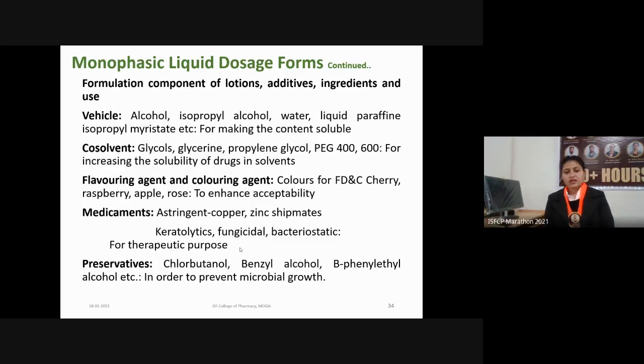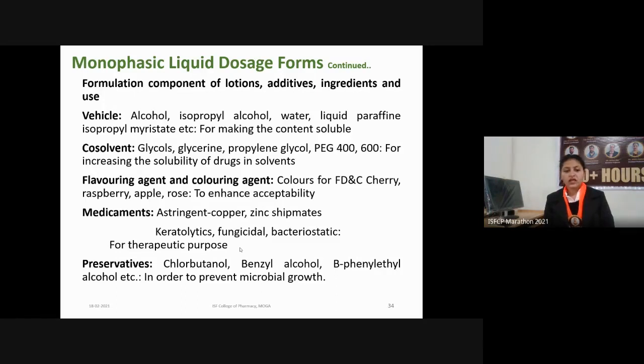The medicaments can also be used in the preparation of lotions. The medicaments that we use are astringents, and examples of astringents are copper and zinc sulphates. We can also use keratolytics, fungicidal, bacteriostatic kinds of medicaments for their therapeutic purposes.